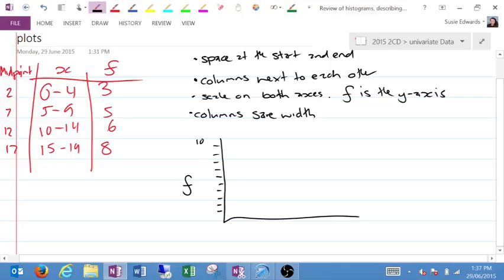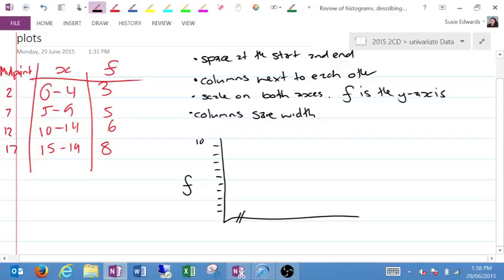Yeah. Now, the easiest way of doing this is we break the scale and then we can start our histogram wherever we want. And that leaves a space at the start because we always have to leave a space at the start and the end. Okay? Our columns all have to be the same width. But because I don't have a scale along the bottom, even though I did say scale on both axes, the scale is going to be our midpoints.